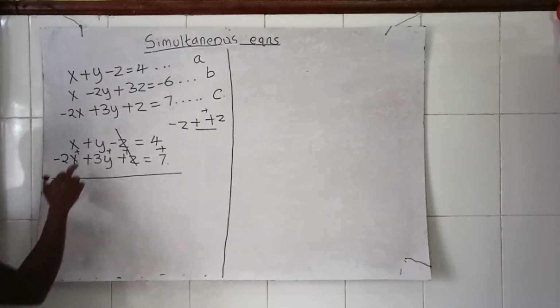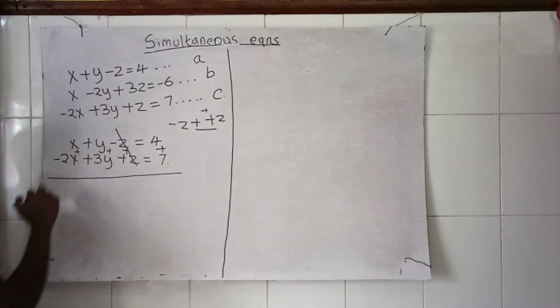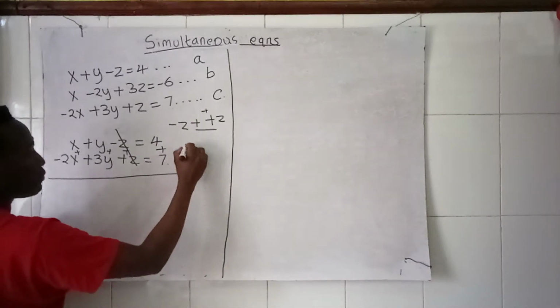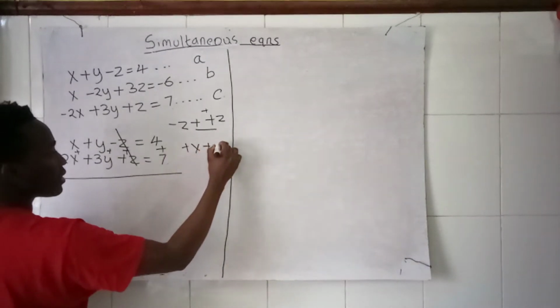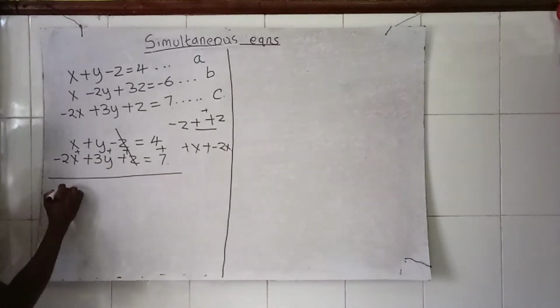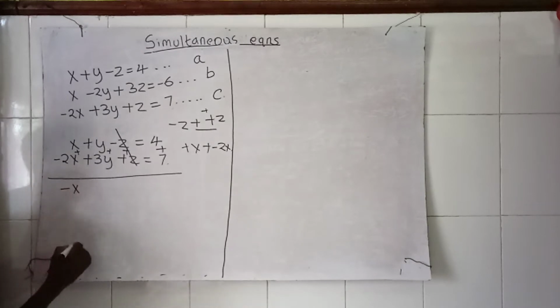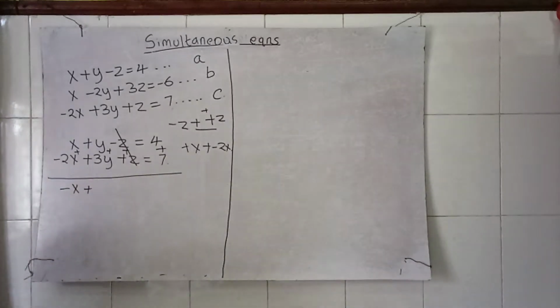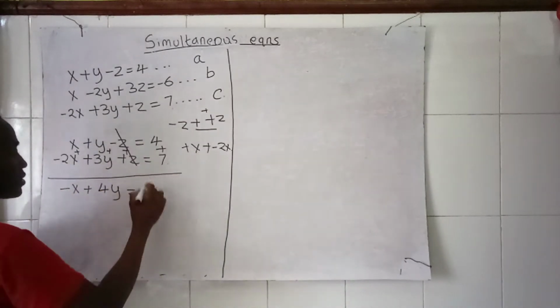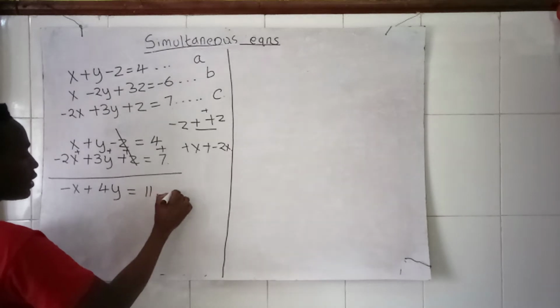So twende kazi. X plus negative 2x, in other words, plus x plus minus 2x, I'm going to be left with negative x. Then y plus 3y, nabaki na 4y. 4 plus 7 is equals to 11.